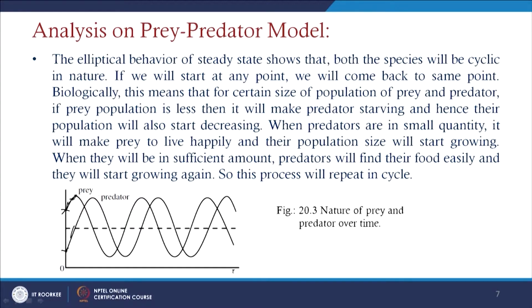After one level, if the predator population is greater than the carrying capacity, they can eat sufficient prey, and then the prey will decline. But at that level the predator population will again grow. And after a certain level, if you have less prey, the predator population will again decline. So, that is why they follow a cyclic nature.